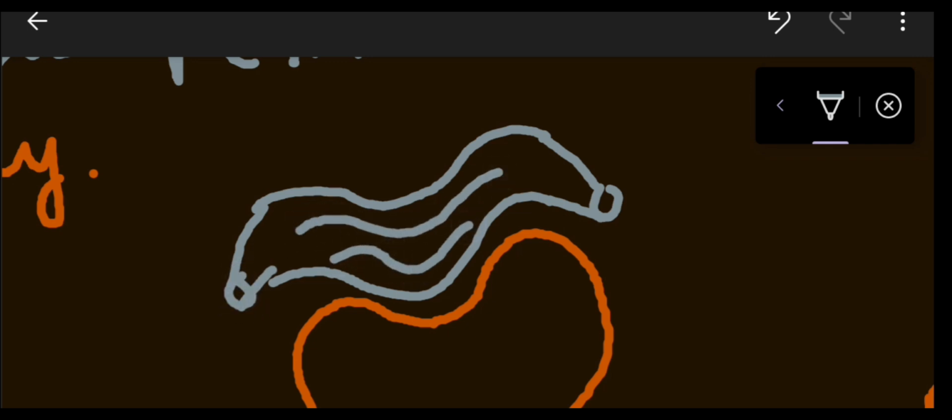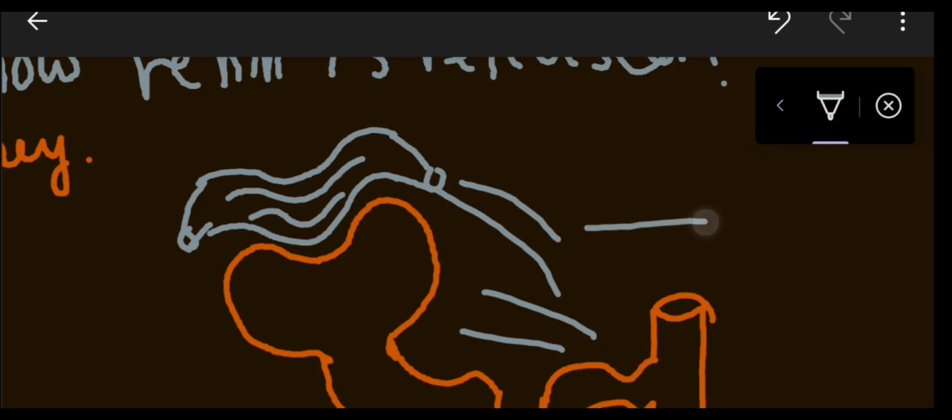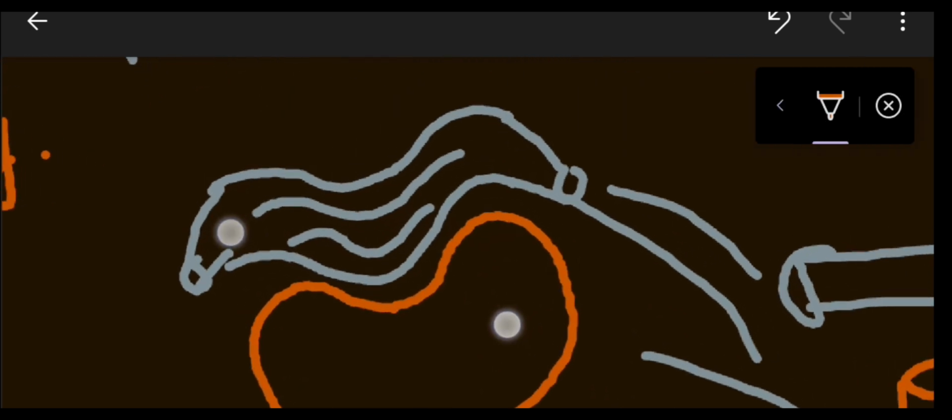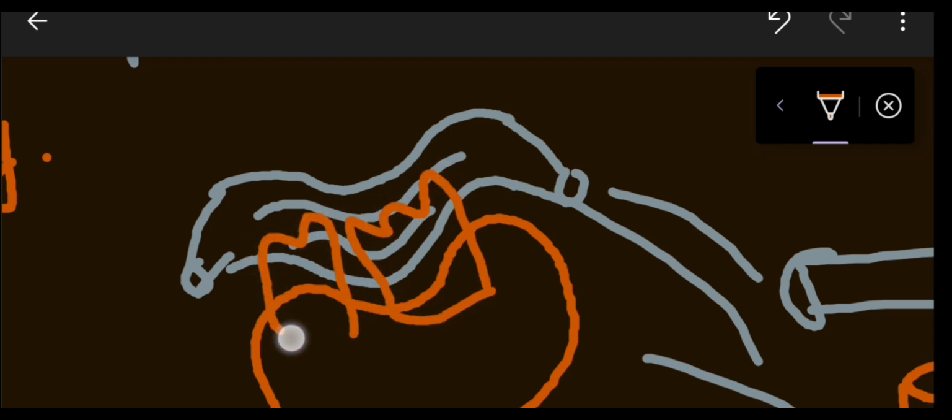Okay. So now here you can see, through the efferent arteriole, these are the peritubular capillaries. These are the peritubular capillaries. Okay. So now here you can see, as we have discussed, the cells are present over here.